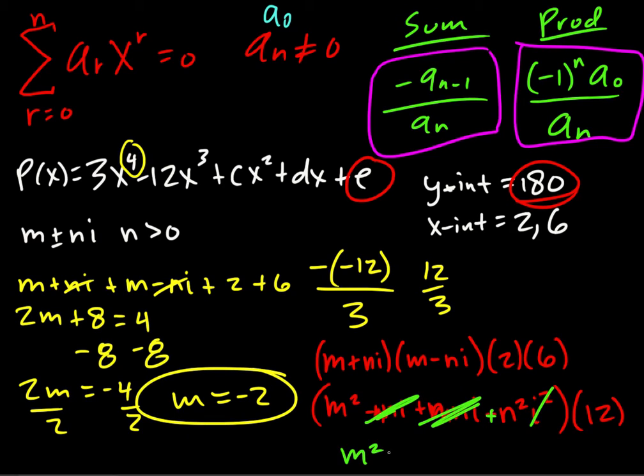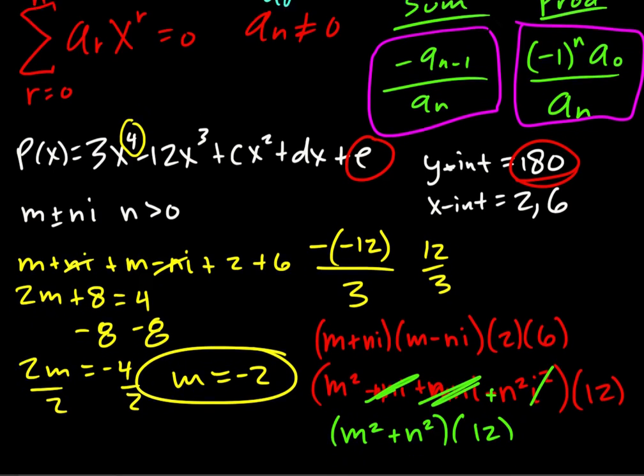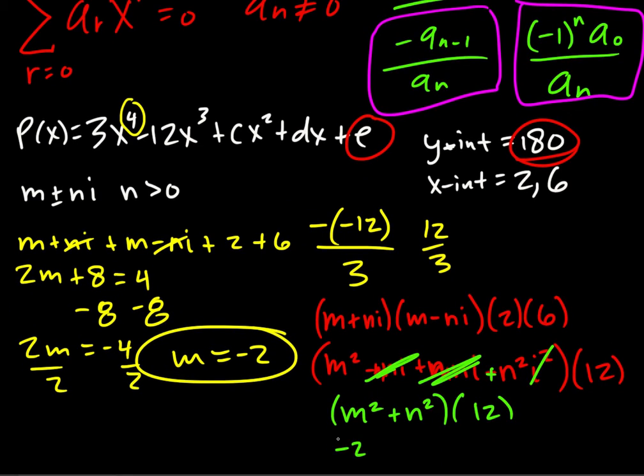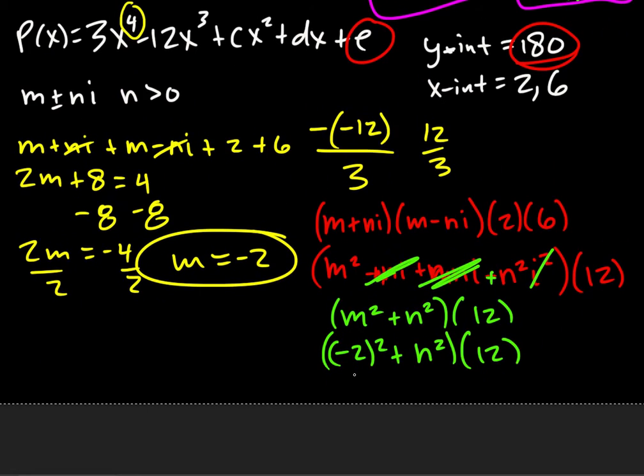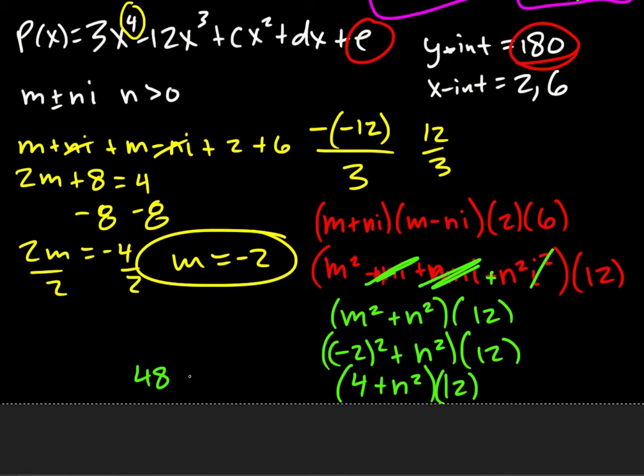And so we just have m squared plus n squared times 12. We know that m is negative 2, so we can plug that in. So that's going to be 4 plus n squared times 12. Distribute the 12, we're going to get 48 plus 12n squared.